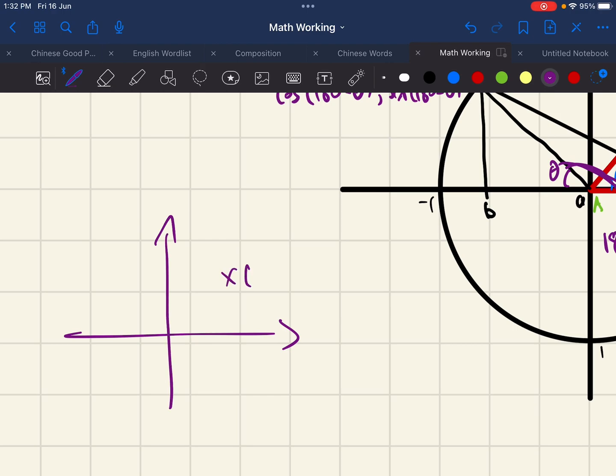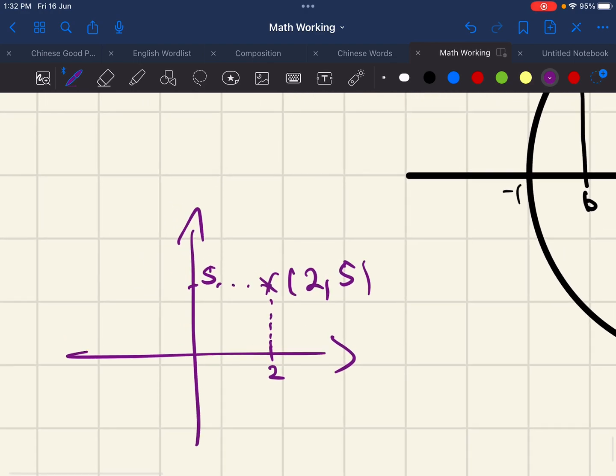This point is 2 and 5, for example. This 2 over here represents this 2. This is 5. I have another one that's directly opposite. This will be negative 2 and 5. They are symmetrical, directly symmetrical, exactly symmetrical.